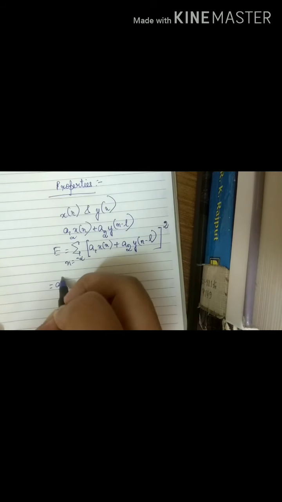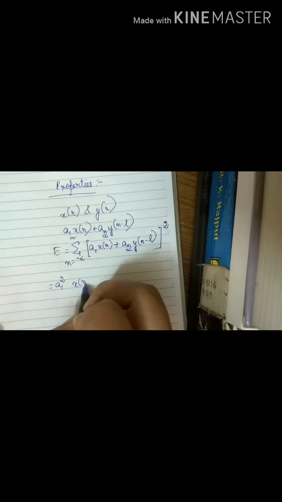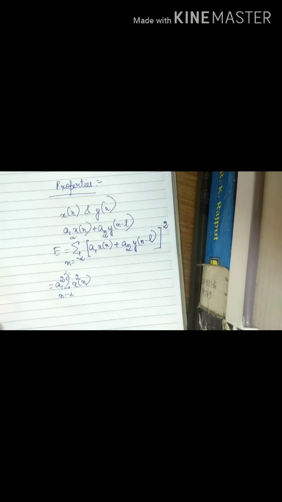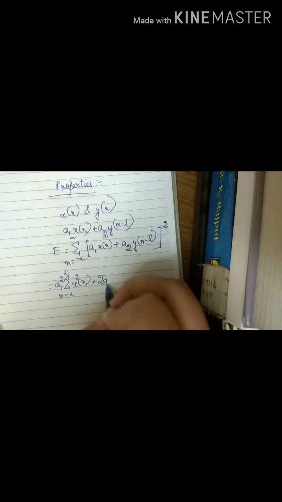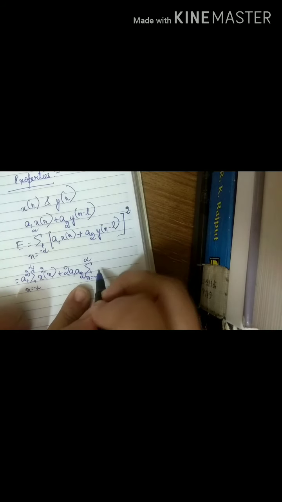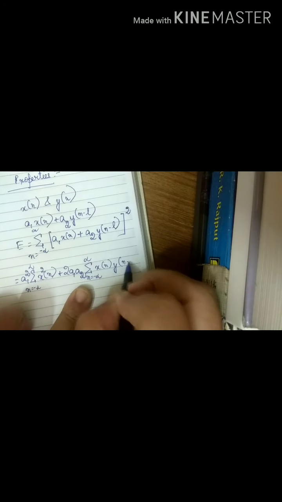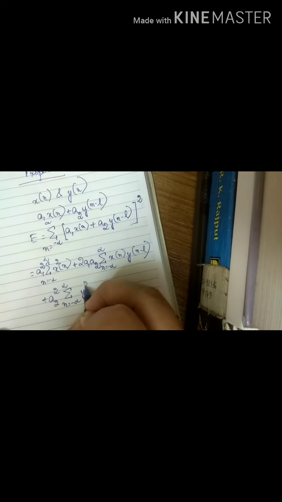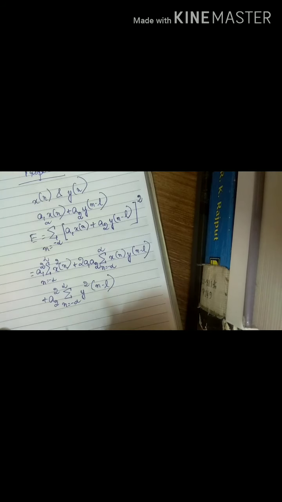We can solve this and write it as a1 square summation x square(n) from minus infinity to infinity, plus twice a1 a2, again summation from n equal to minus infinity to infinity of x(n) y(n minus L), plus a2 square summation n ranging from minus infinity to plus infinity of y square(n minus L).